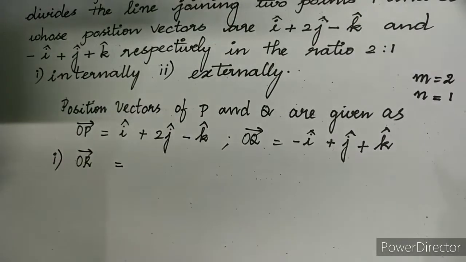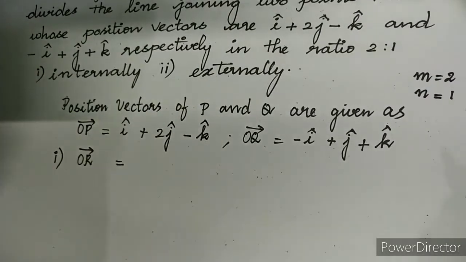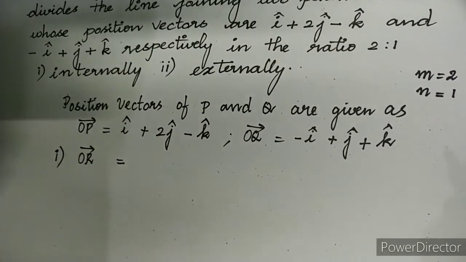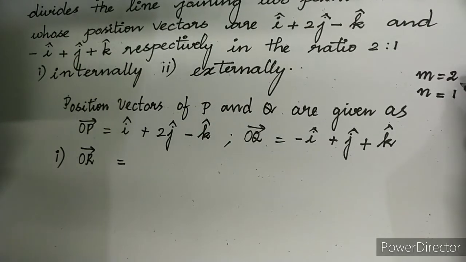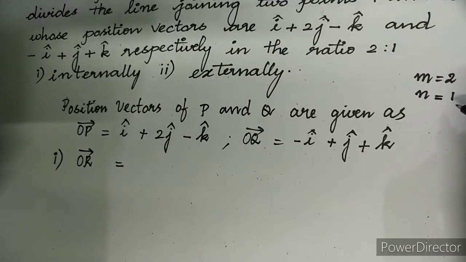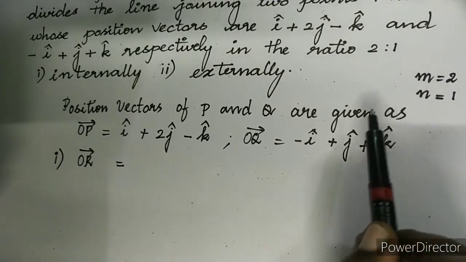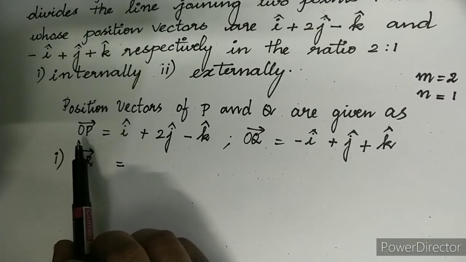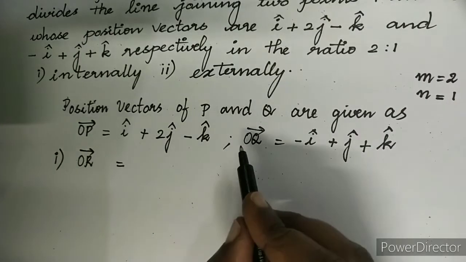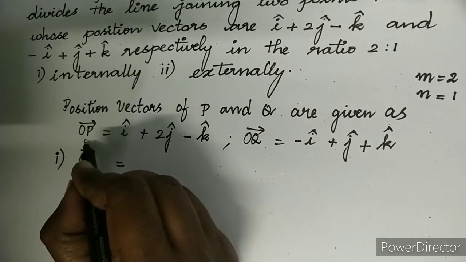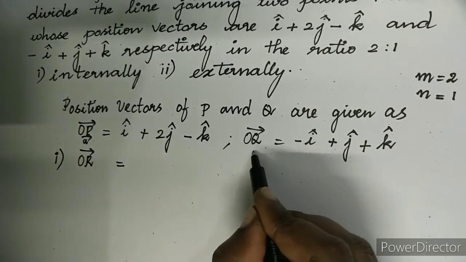We already know if it divides internally, the formula is (m b vector plus n a vector) divided by m plus n. Here instead of b vector and a vector, we are having OP vector and OQ vector. We will consider this one as a vector and this one as b vector.